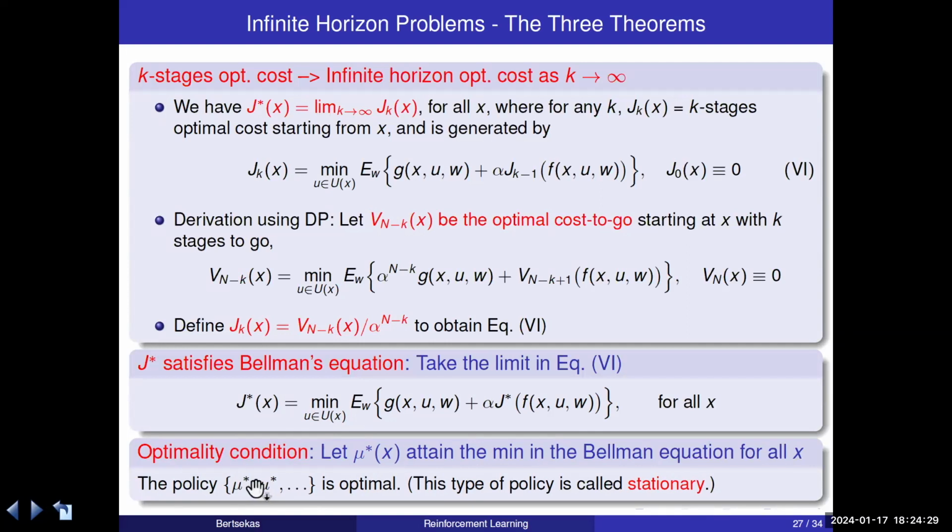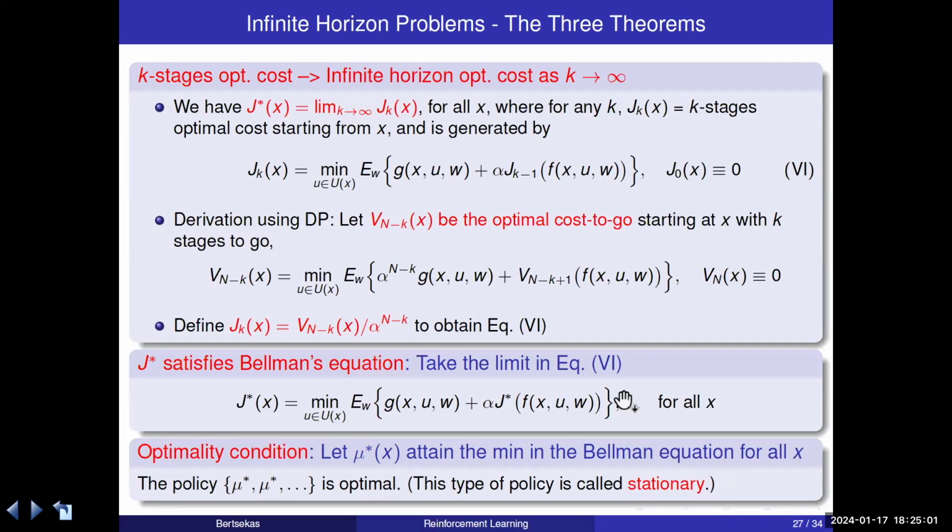The control that you apply depends only on the state and not on the stage that you're in. One nice thing about infinite horizon problems is that optimal policies generally are stationary, and you can restrict attention to stationary policies, which involves a smaller number of values, right? It doesn't depend on the stage. It only depends on the state.